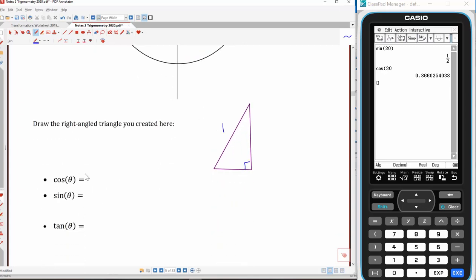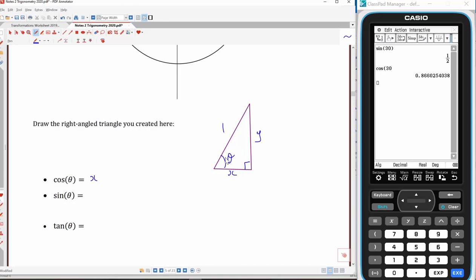All right, so cosine of theta equals, this is theta here, and let's label these with some variables. We've got x for these values here and y for these values here. So cosine of theta equals the adjacent over hypotenuse, which is x over 1, or just x.